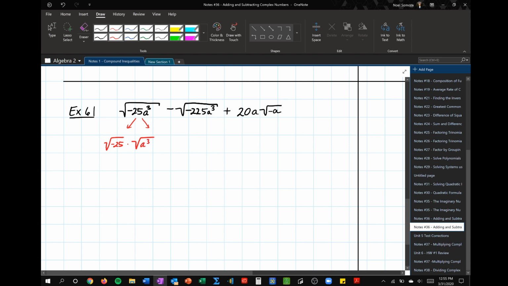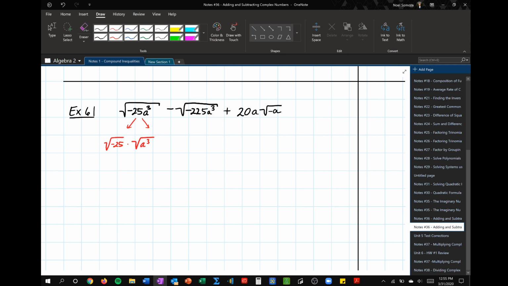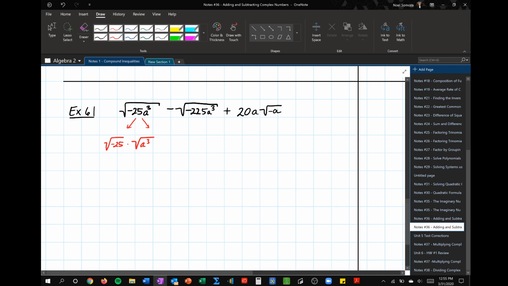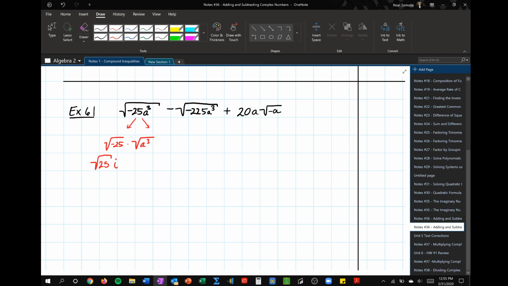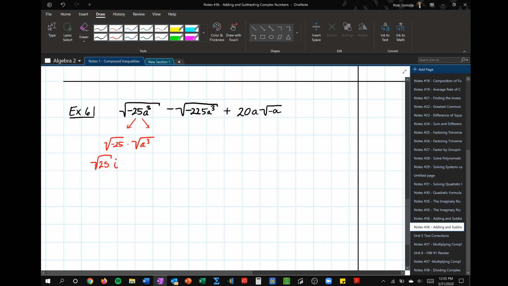Well, let's start with the root of negative 25. We want to extract the I first, so we can turn that into root 25. It's a positive 25, but because it went from negative to positive, there has to be an I that gets extracted. So square root of 25 times I. Now what's nice is you know the square root of 25 is just 5. So this is 5I.